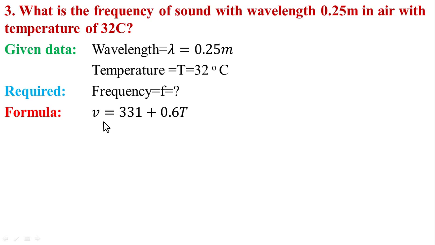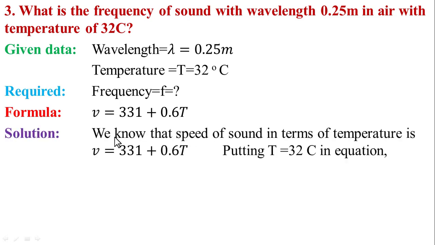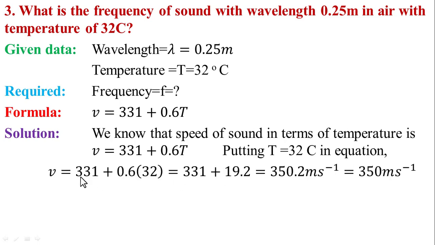Use the formula of speed of sound in terms of temperature: V is equal to 331 plus 0.6 T. Putting the value of temperature T is equal to 32 Celsius in the equation, V is equal to 331 plus 0.6 multiplied by 32.